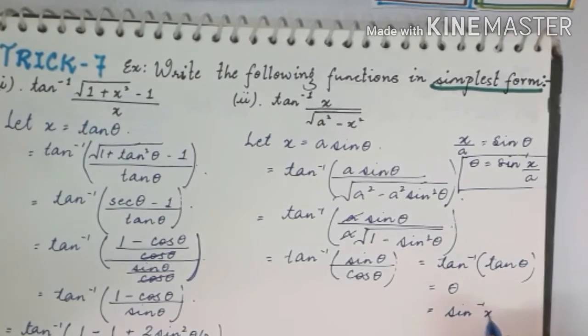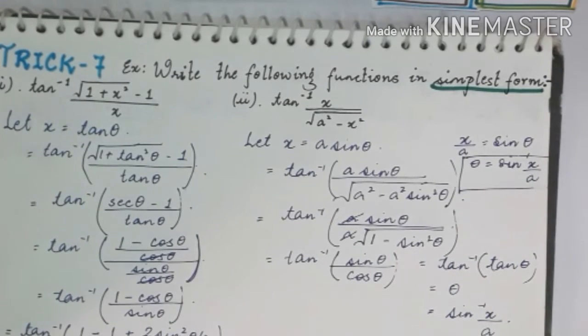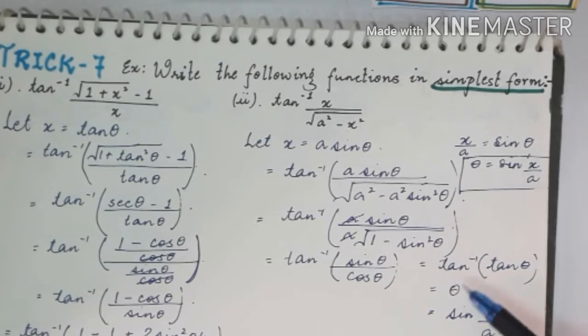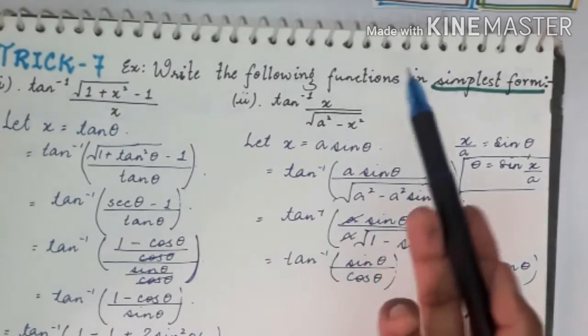Okay, sine inverse x upon a. So this is an important step. You don't need to skip it, otherwise your marks will be deducted. You have to express this theta in terms of the variable that is given in the question.